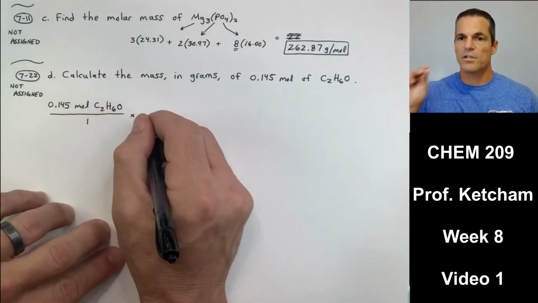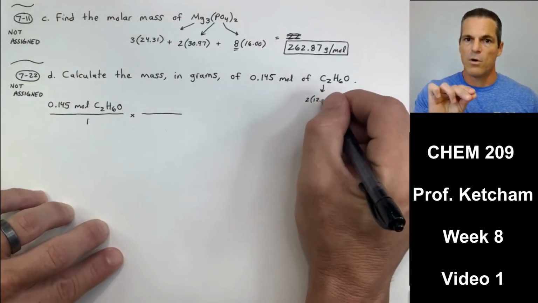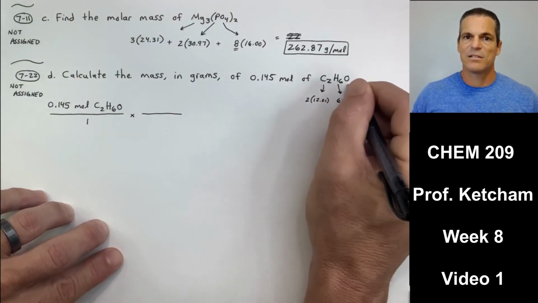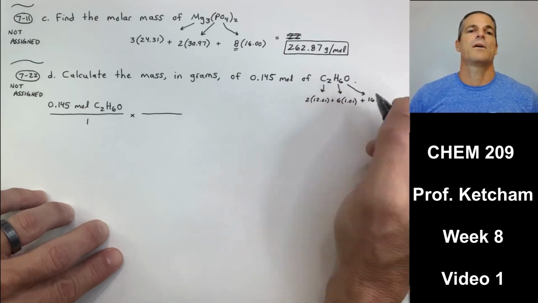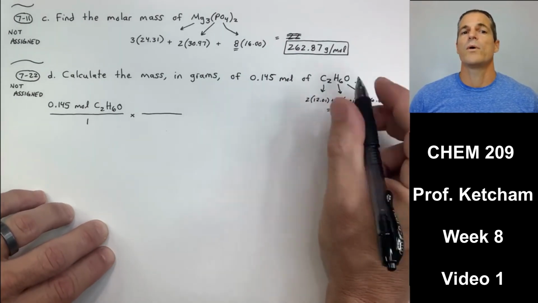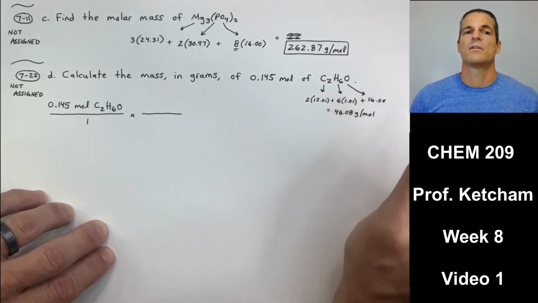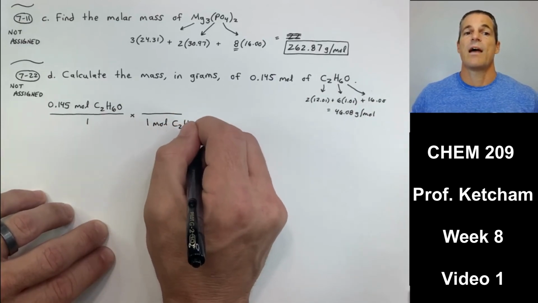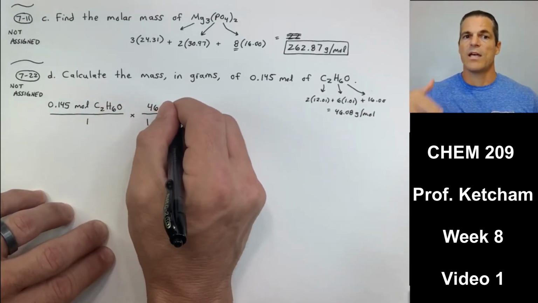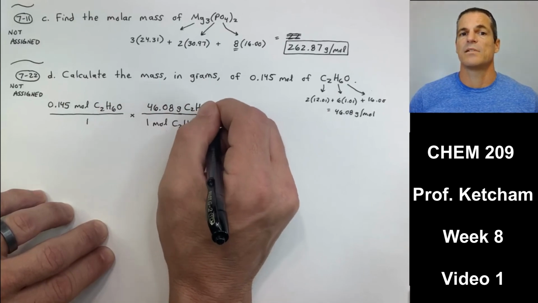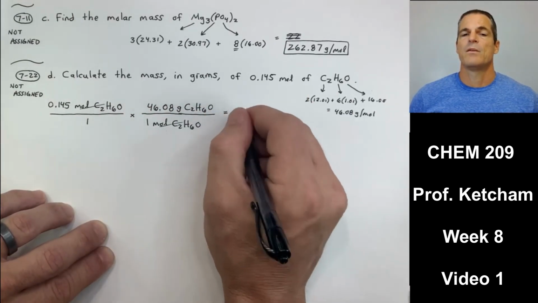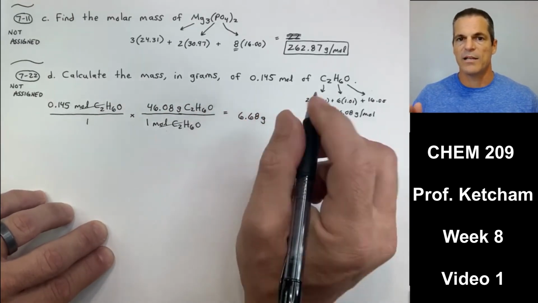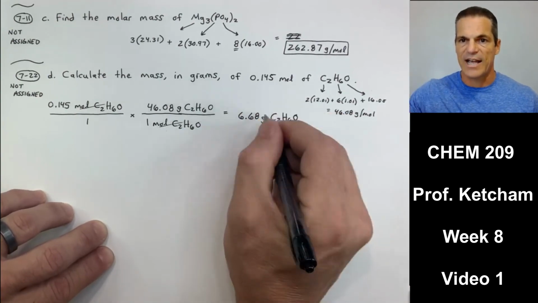To go from moles to grams, or grams to moles of the same substance, we use the periodic table. So I start with what I'm given, put it over 1, 0.145 moles C2H6O. Now for every 1 mole on the bottom, we have 46.08 grams C2H6O on the top. You notice on the right there with the little writing, it's 46.08 g/mole.